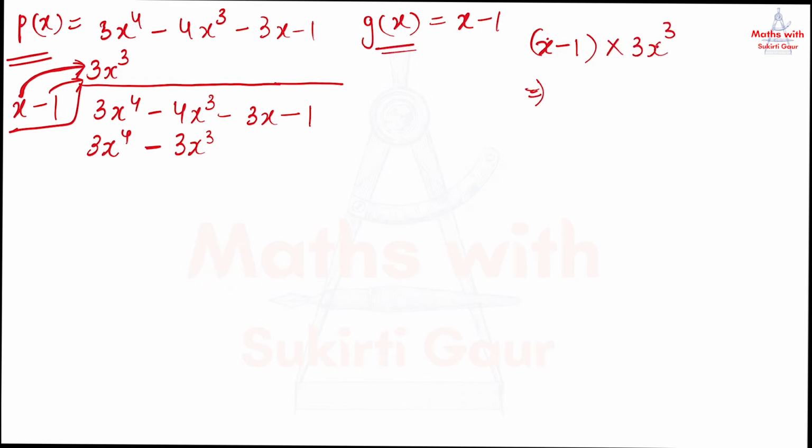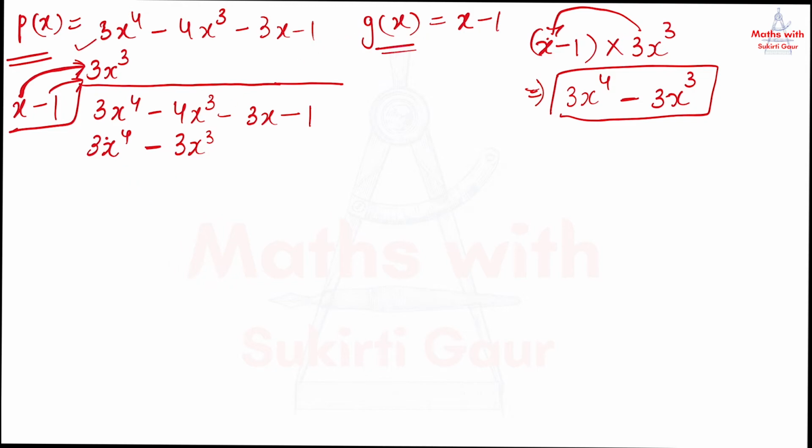When we opened this bracket, it became 3x to the power 4, because 3x cube into x is 3x to the power 4, and minus 3x cube into 1 will give us minus 3x cube. So this is what has happened here. I hope it is clear.